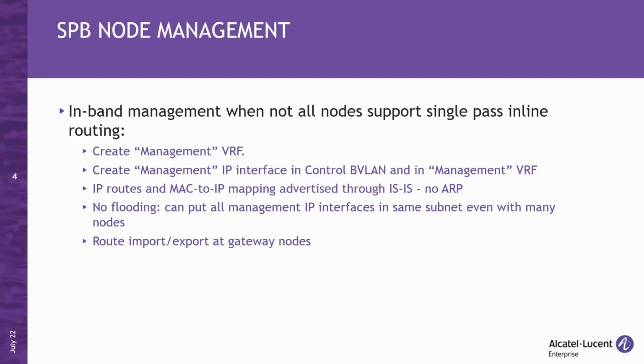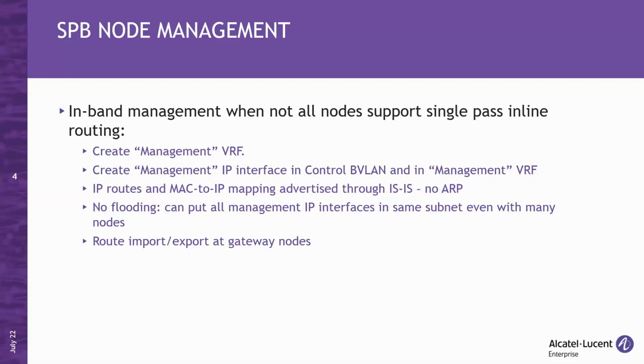For one, there is no such thing as flooding on an SPB backbone VLAN. So how does ARP work without flooding? Well, not in the standard way. IP to MAC resolution relies on additional ISIS TLVs. So yes, you can still ping, etc. Just that the underlying mechanism is different.